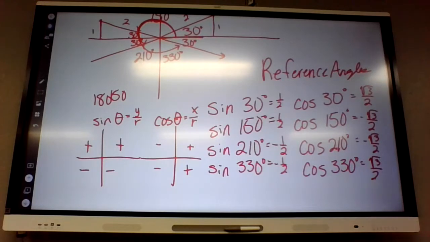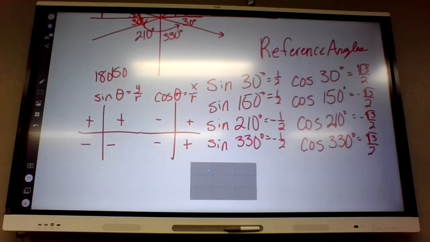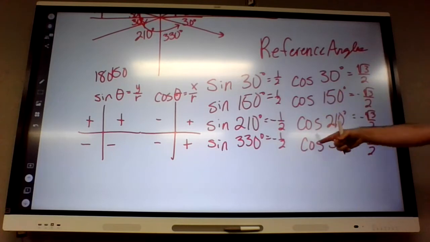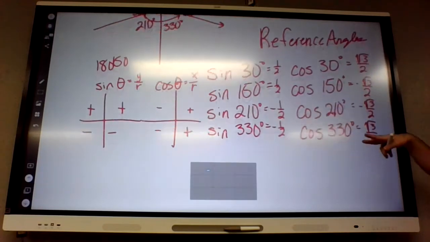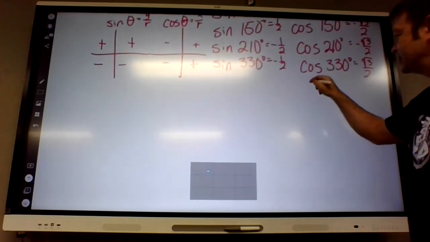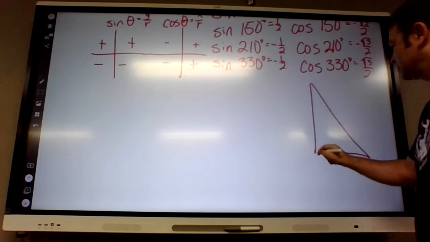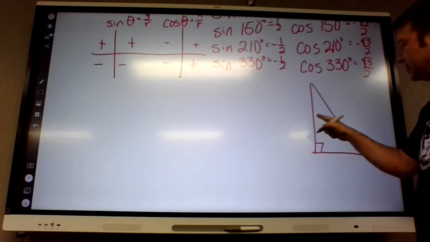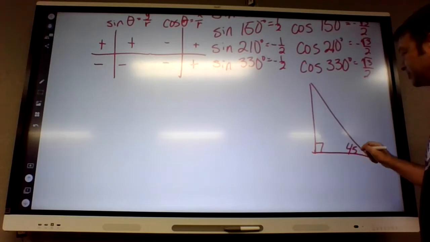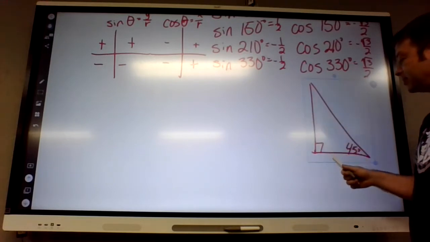And so it'll be kind of like a lot of repetition, kind of like the last assignment. We are doing a little bit with special triangles today. So do you guys remember the 45, 45, 90? The legs, I don't know if I drew it very well, but the legs are the same on this one.